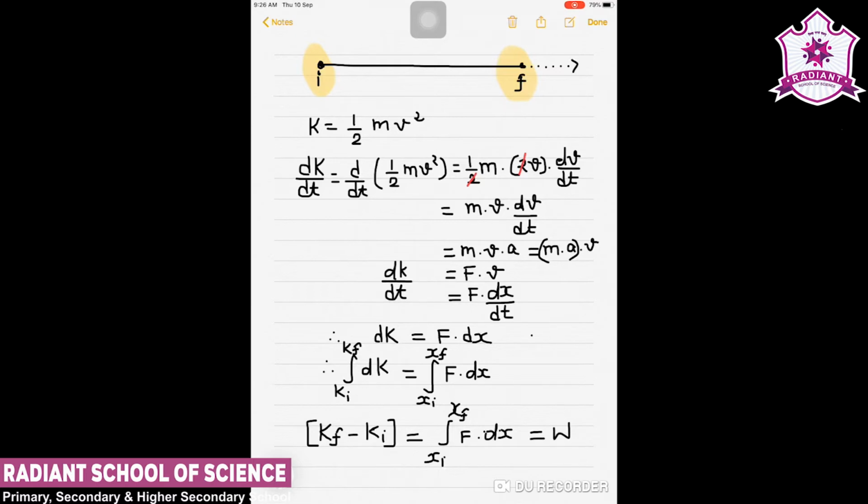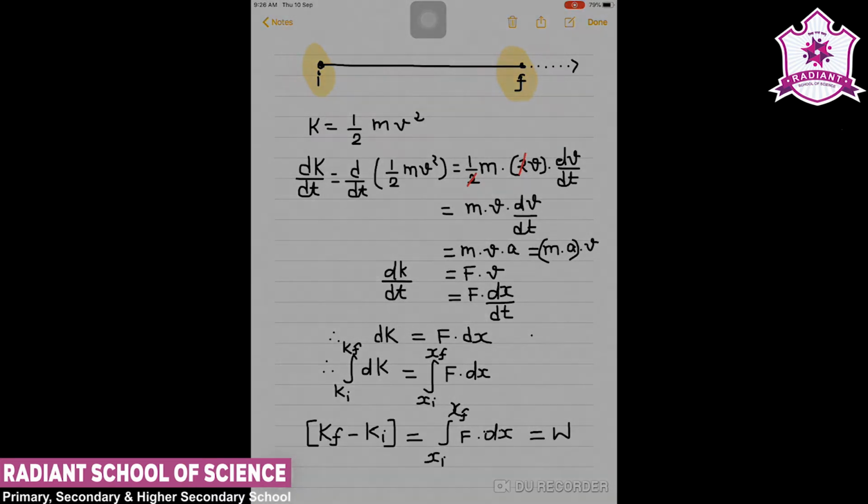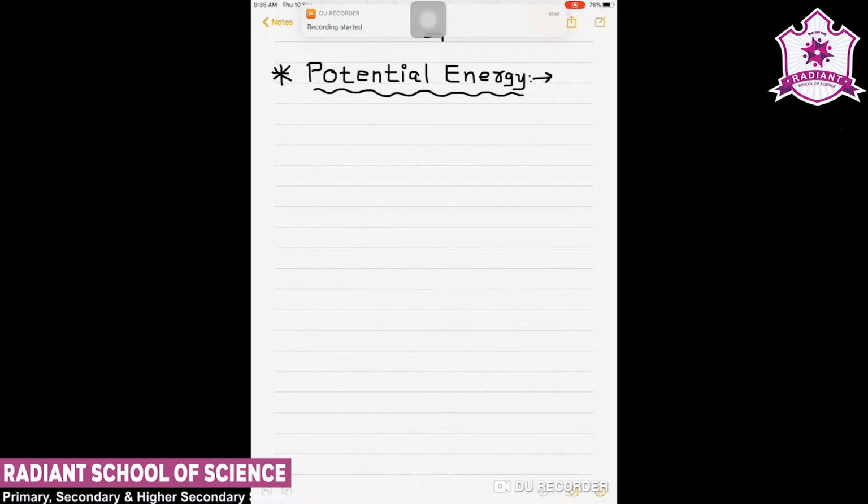So in general we can say that the direction of the displacement will be in the direction of the force. So this is the concept behind potential energy. Here it is very clear that the word potential itself suggests the possibility or the capacity for action.